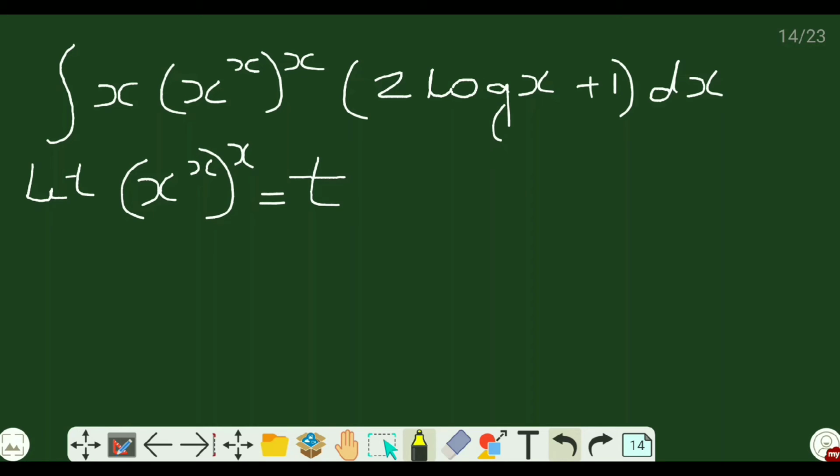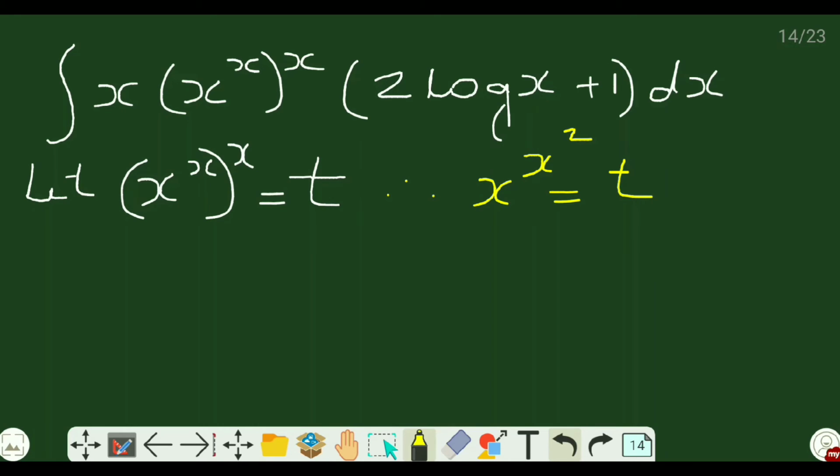So, after writing the question, we substitute in this way. Now, x raised to x the whole raised to x can also be written as x raised to x square, which is t. If you remember in the lesson on derivatives, we had done logarithmic differentiation this way.